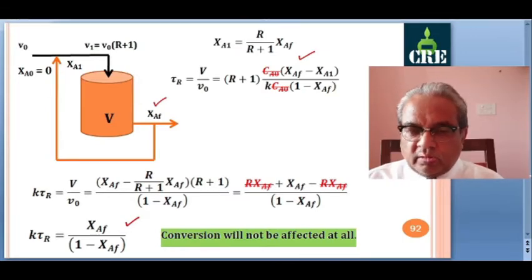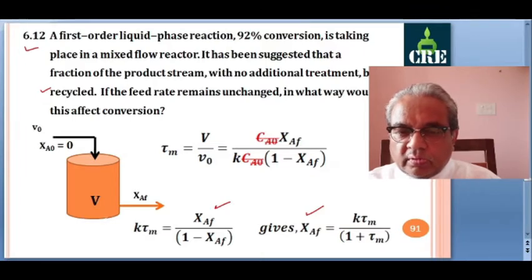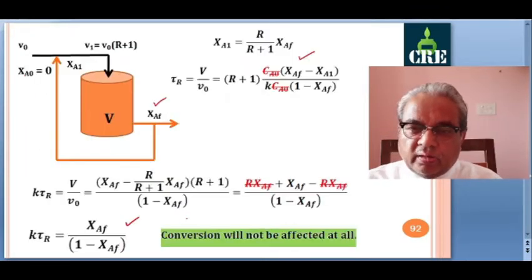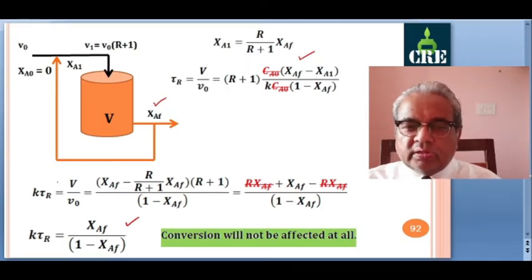So here you can see K tau in this model is XAF by 1 minus XAF. Even if we recycle with whatever recycle ratio, the conversion is unaffected. Now you can see the difference.